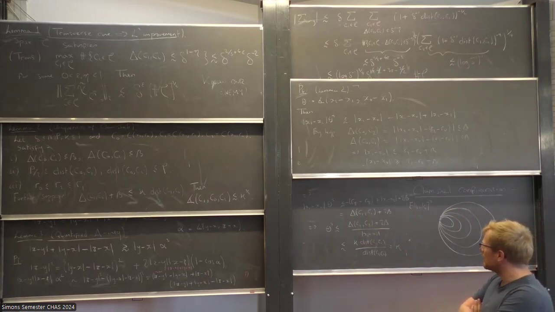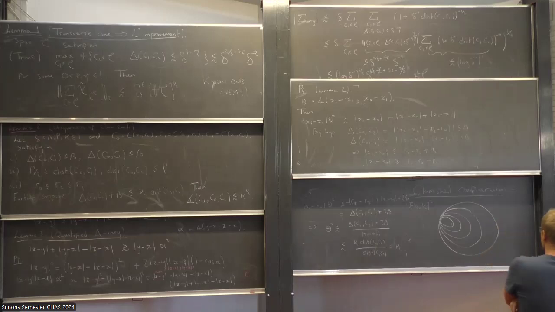Well, you'll get configurations where you have high order of contact, right? So that's going to be the enemy. Tangency plus high order contact.